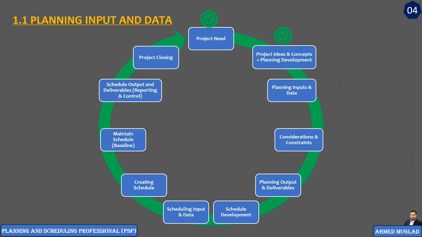As we mentioned before, planning development starts early. The efforts of planning development start through planning inputs and data. We use planning inputs to identify all requirements needed in order to understand and implement the planning phase. And in order to develop the project plan, we use planning inputs and data: contract requirements, identification of stakeholders, as well as constructability methods.